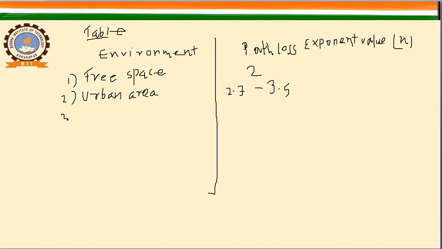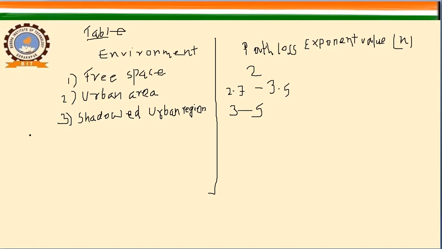And third is shadowed urban region. The value of n is 3 to 5.